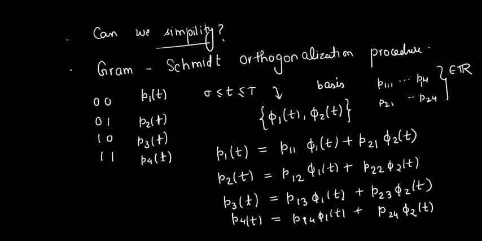It means if this is the case, what can you do at the transmitter? Instead of having 4 different waveform generators, what can you do?